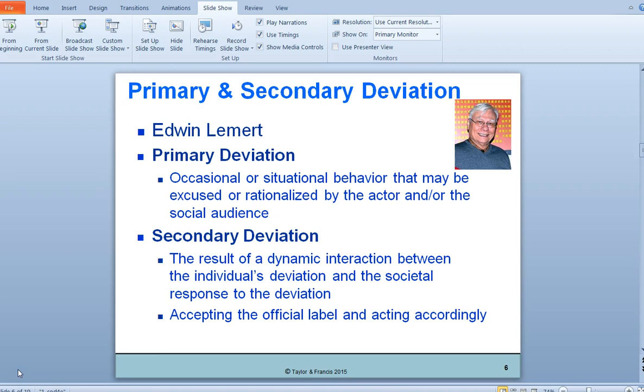Secondary deviance, on the other hand, is the result of a dynamic interaction between the individual's deviation and how society responds to that. In other words, that means that somebody accepts the label that has been put on them by society and then acts according to that label.